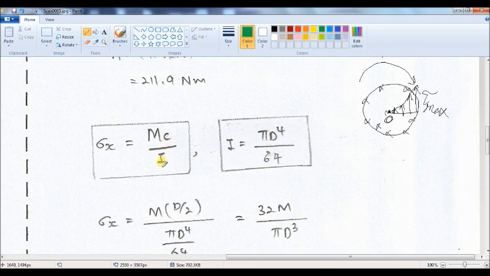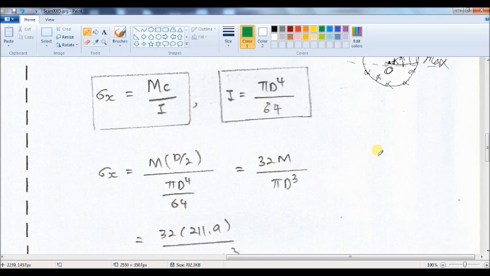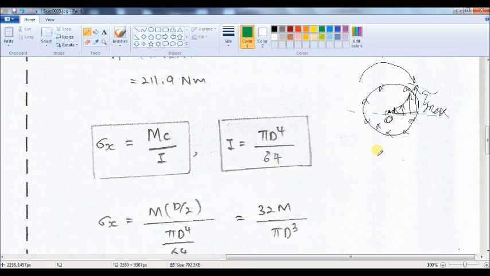And again, in order to find the maximum axial stress, I have to consider the maximum distance from the neutral axis. The neutral axis is located at the center of the cross section. So if we say that the diameter is d, the maximum distance from center to, for example, here is d over 2.